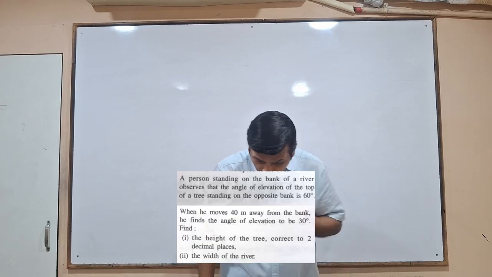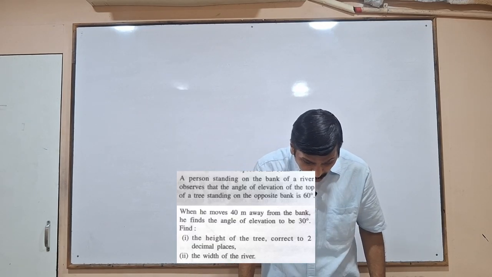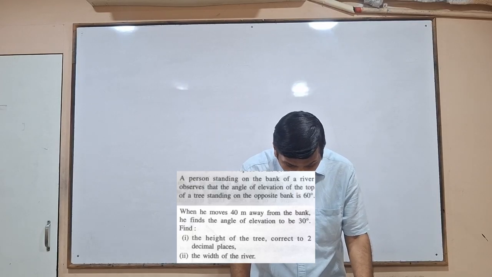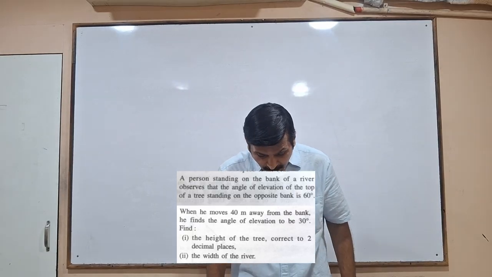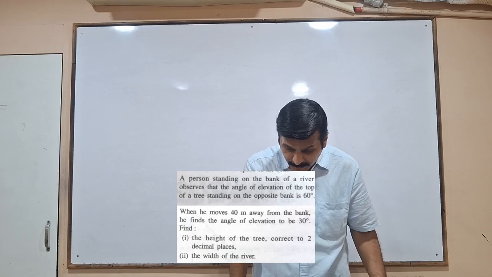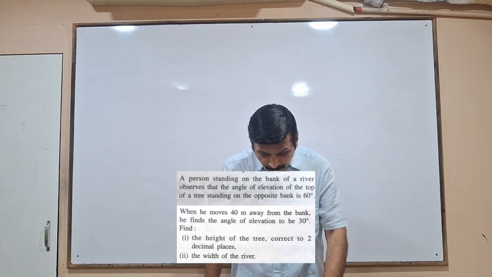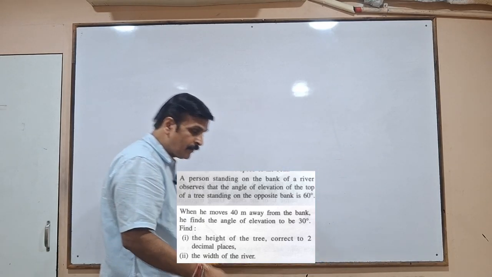A person standing on the bank of a river observes the angle of elevation of the top of a tree standing on the opposite bank as 60 degree.